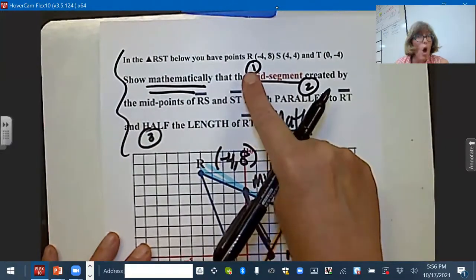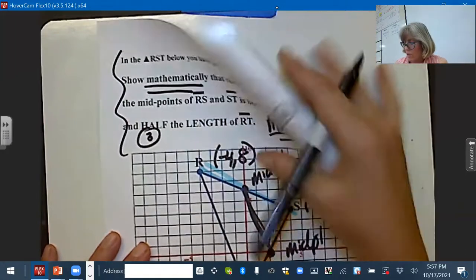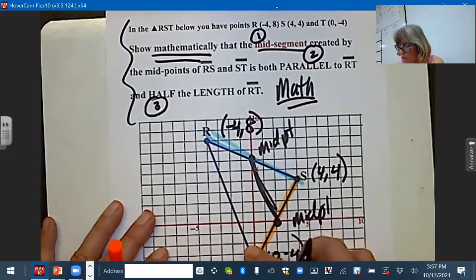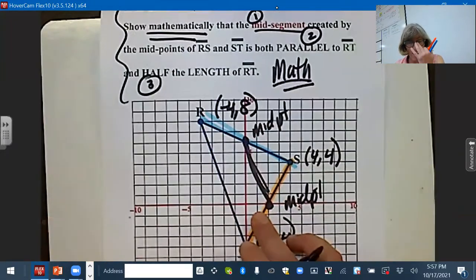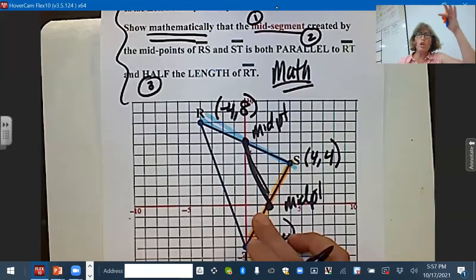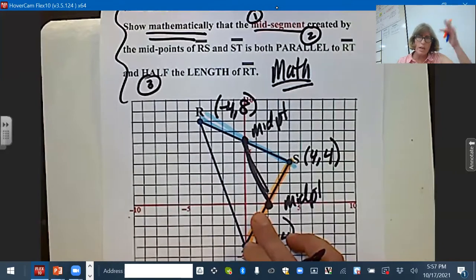So we're using all 3 equations, midpoint, slope, distance, to describe that this mid-segment is parallel to this side and half. You can't just say because it looks like a mid-segment, therefore it is one. And it looks parallel, therefore it is.